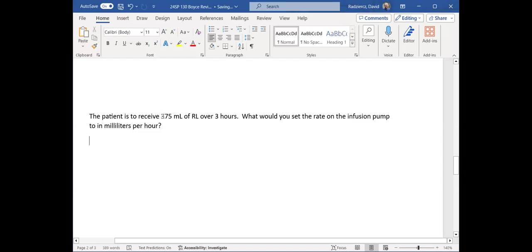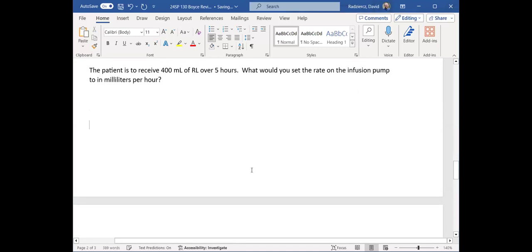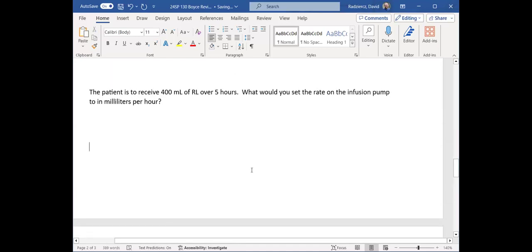Let's say 400, and let's make this over. So when we do flow rate, this is relatively new. You may or may not have seen this last semester, or on ATI. A lot of times this is your first time diving into it.